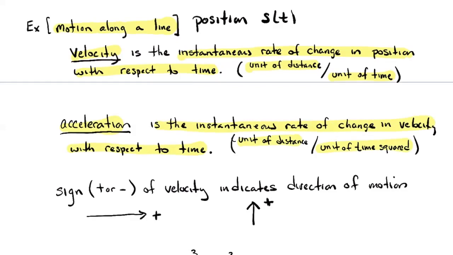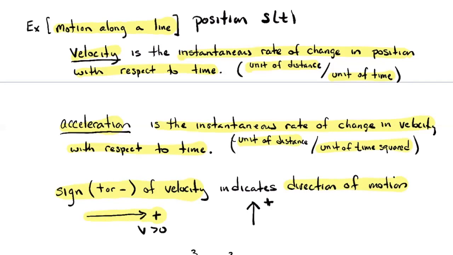All right. Velocity has a sign on it. It can be positive or negative, and the sign of velocity indicates the direction of motion. Unless we say otherwise, if our s number line is oriented horizontally, then we're going to take the positive direction of motion to be to the right. So if the velocity is positive, then the motion is to the right.